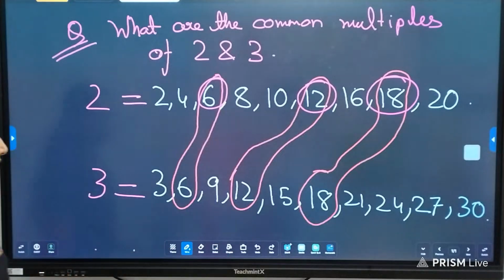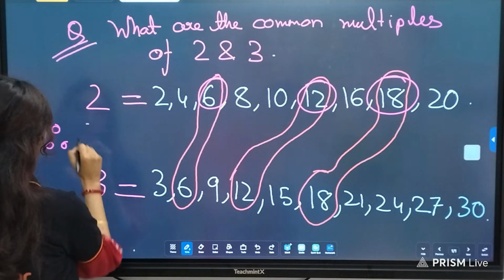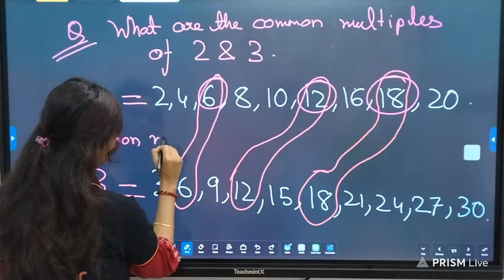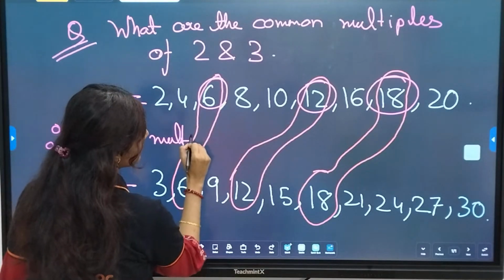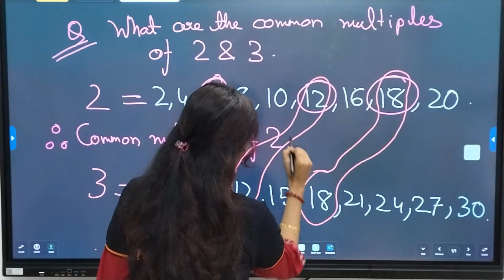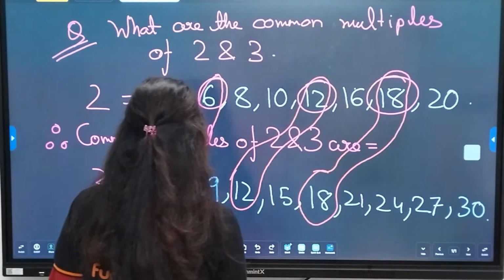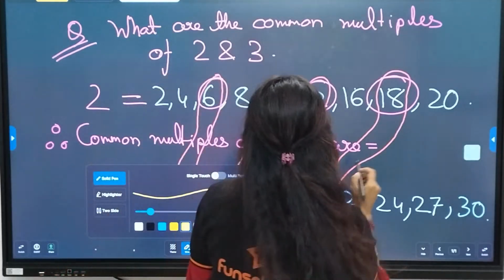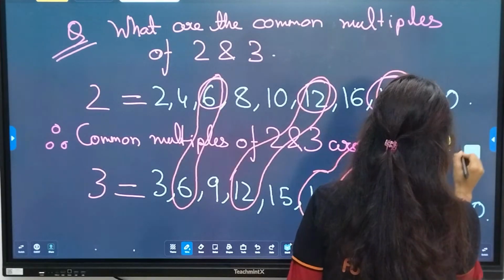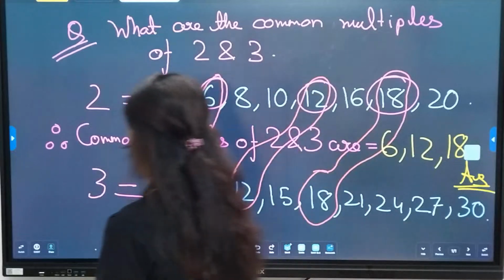So therefore we can say the common multiples of 2 and 3 are 6, 12, 18. Okay, and this will be your answer.